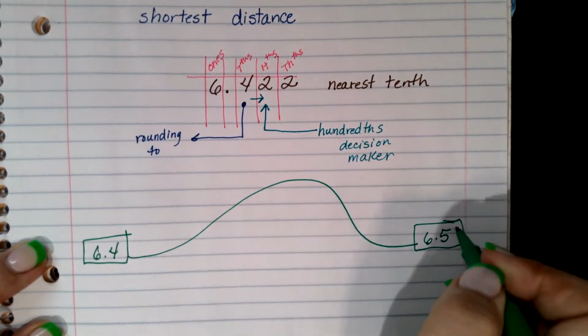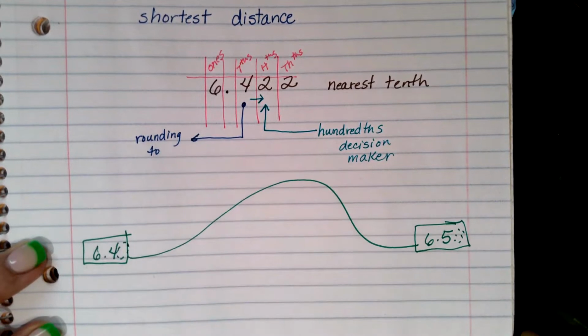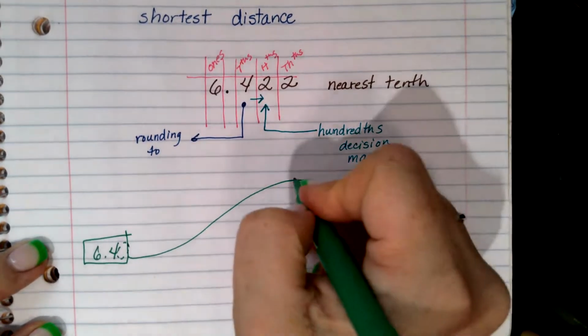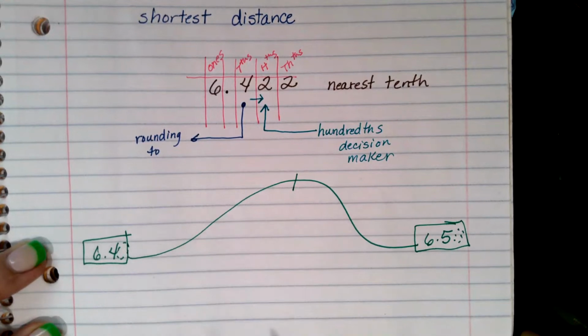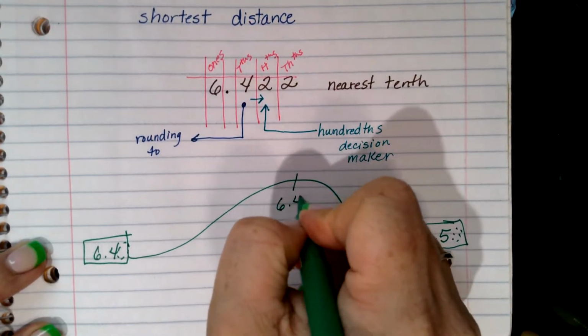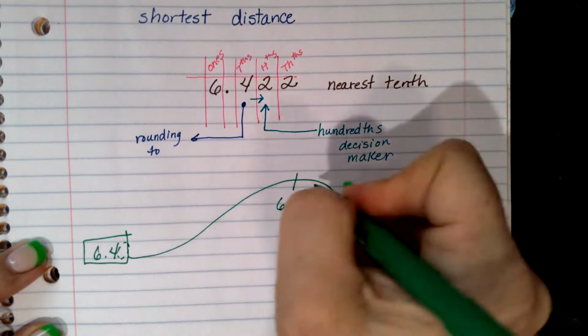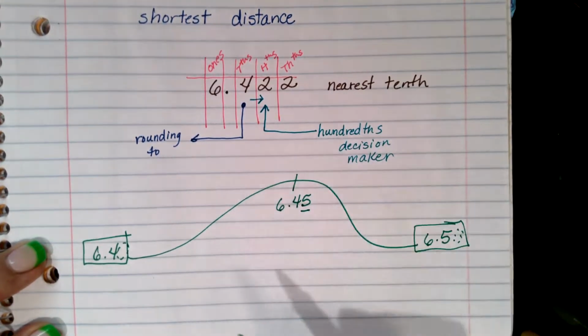Again, if it helps you put the little ghosty zeros, go for it. Our magic number is going to have a 5 in it. Halfway between 40 and 50 is going to be 45. So our magic number is 6.45, because that's our decision maker.